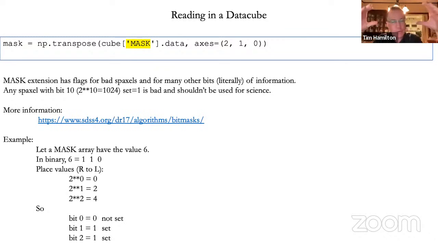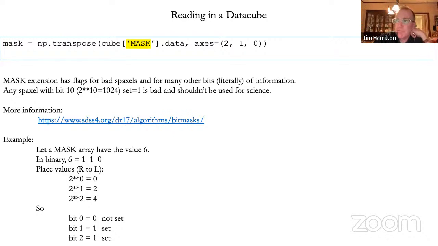So if you have a binary number for every pixel, the value of each individual bit is a different flag. So the first bit may be telling you whether the pixel has got damage to it, and the second one might tell you whether there was cosmic ray damage, and so on like that.